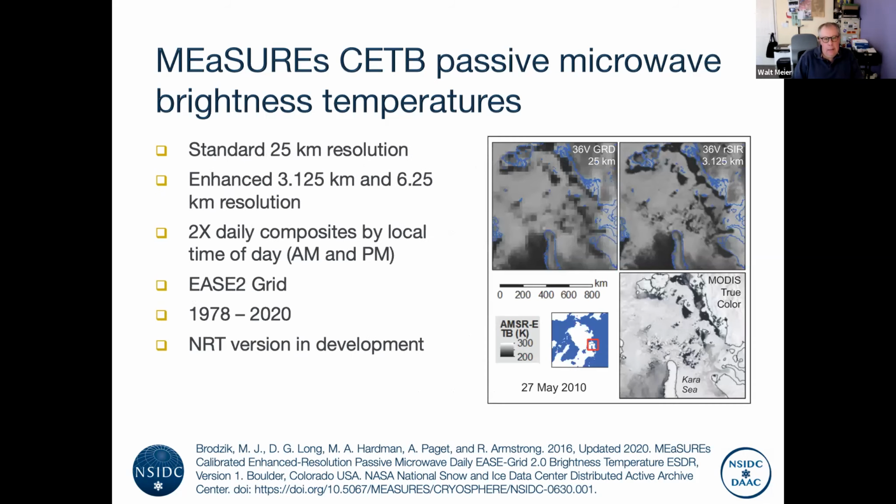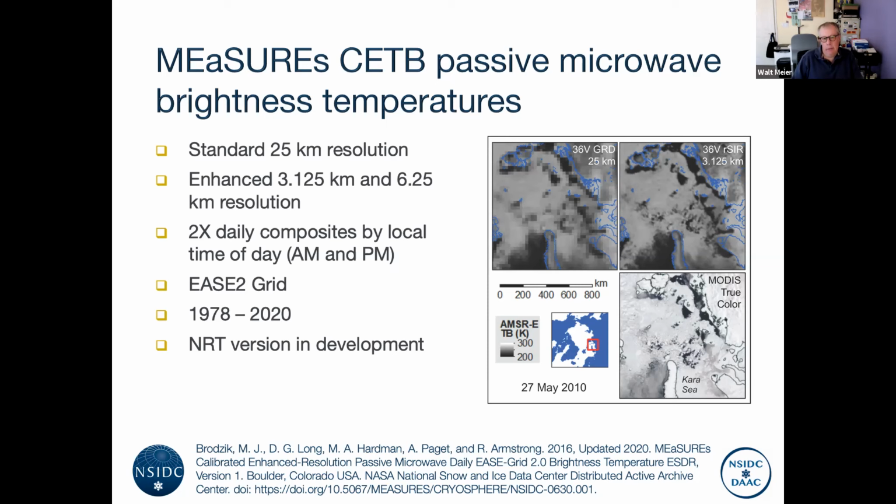So just showing you an example. There is the standard 25 kilometer drop-in-the-bucket gridded resolution, and that's what's been used historically. That's the standard product. But with this SIR reconstruction, they've created 3.125 or 6.25 kilometer gridded resolution products on the EASE-2 grid. These are twice daily composites, composited by local time of day, a morning period and an afternoon period.